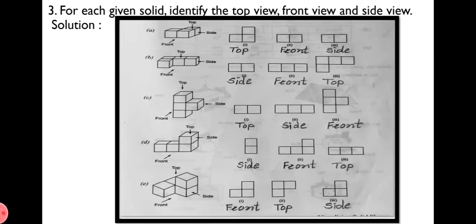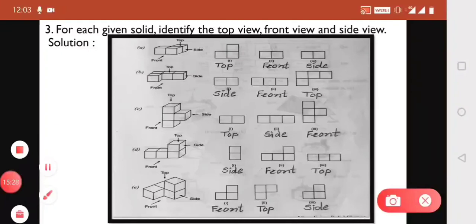Next, question number 3. For each given solid, identify the top view, front view and side view. This is the same as question number 2, but there solid objects were given. Here solids made up of cubes are given. Now number 1, you can see a solid made up of 3 cubes. The first view given is the top view. From the top you can see only 3 square faces, so this is the top view.